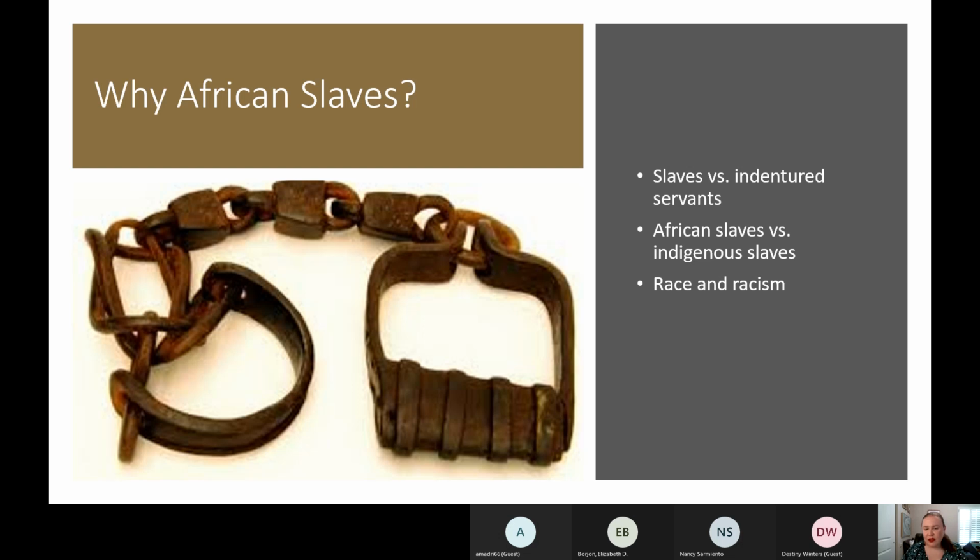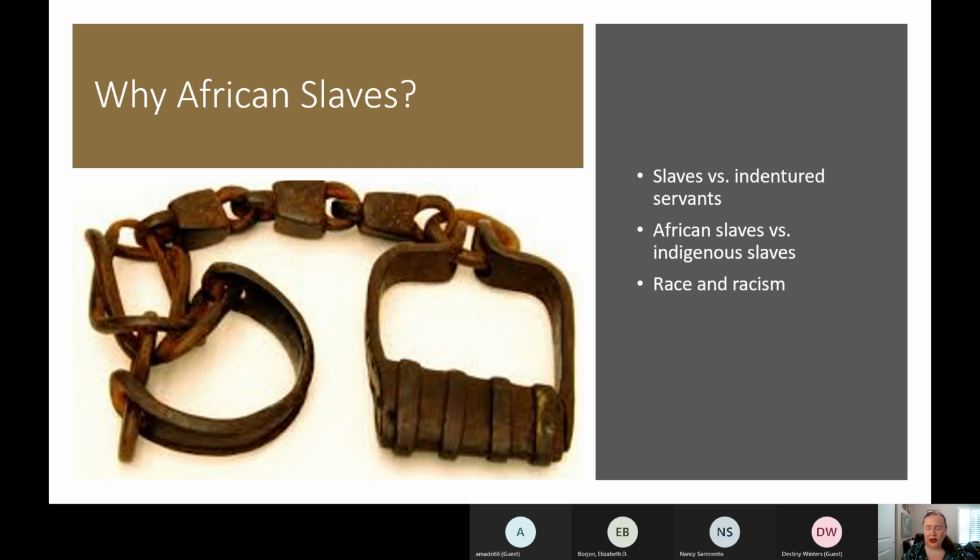This thought that Africans were in general uncivilized compared to Europeans is going to map onto this notion of whiteness as being more desirable than non-whiteness in U.S. history.